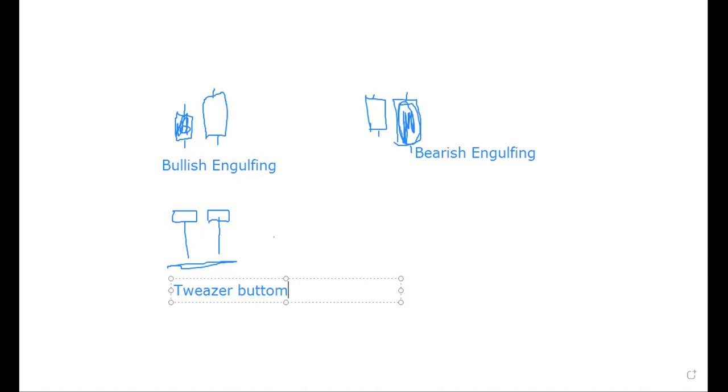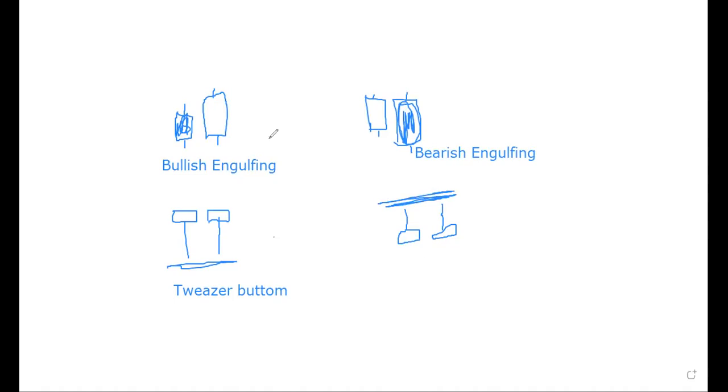So we also have the tweezer top. If you have something like this, the tops must also be equal. The top must be equal.